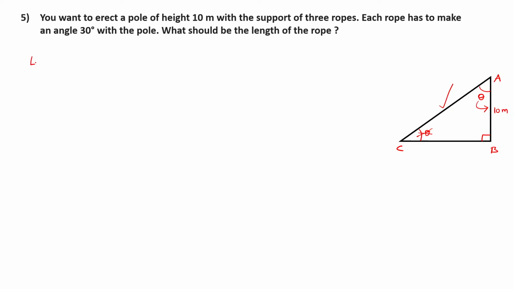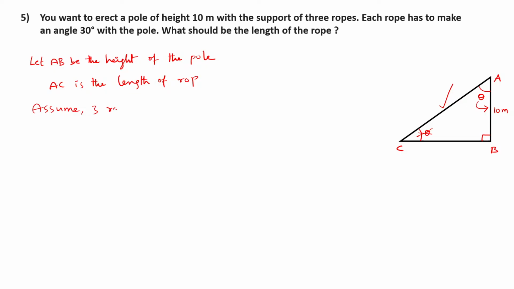So let us write. Let AB be the height of the pole. Next, AC is the length of the rope. Here we need to take this condition: assume three ropes have the same length. That is the important assumption.